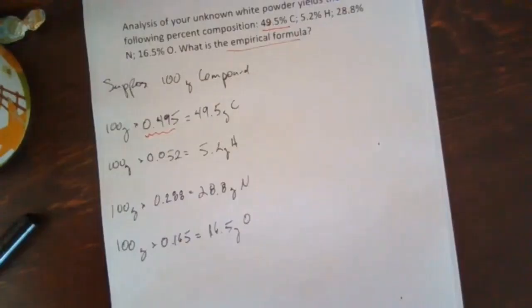So I'm going to take this mass representation and turn it into a counting-based representation. Namely, I'm going to convert all of these masses into moles. This empirical formula determination is a big process of calculating molar masses, using molar masses, and converting back and forth between grams and moles. That's why we're talking about it now. Get some good practice at converting.